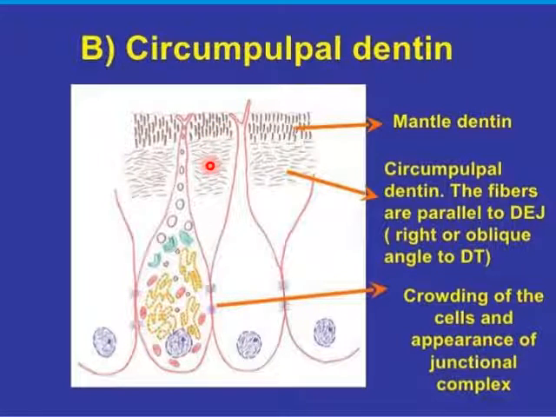Both mantle and circumpulpal dentin are mineralized dentin, while the predentin is unmineralized dentin, which is formed in the beginning, and when it becomes mineralized it is called either mantle or circumpulpal dentin.